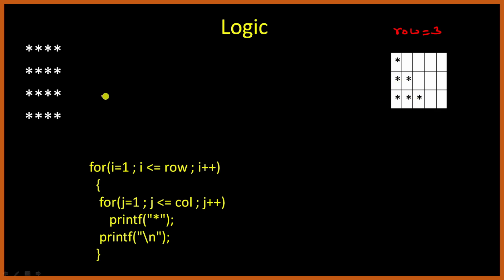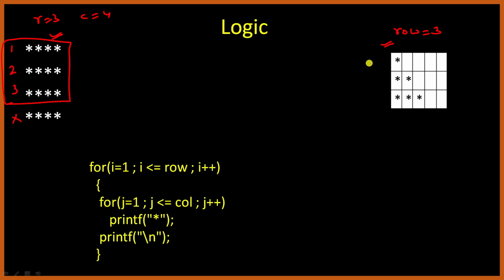Now, can you tell me the difference between this pattern and this pattern? This is row 1, 2, 3. Let's see only this part, and ignore this fourth row. Row is 3 and here the columns are 4. In each row, we are just printing 4 stars.